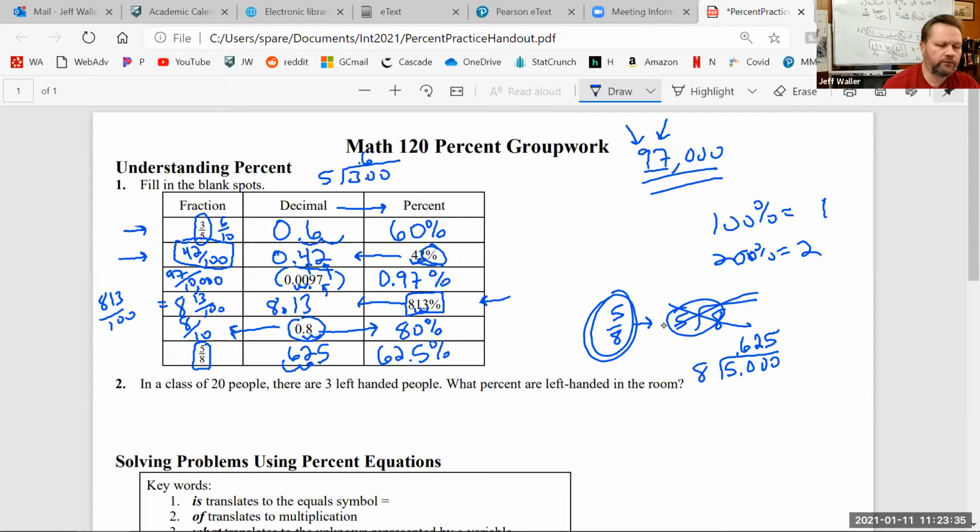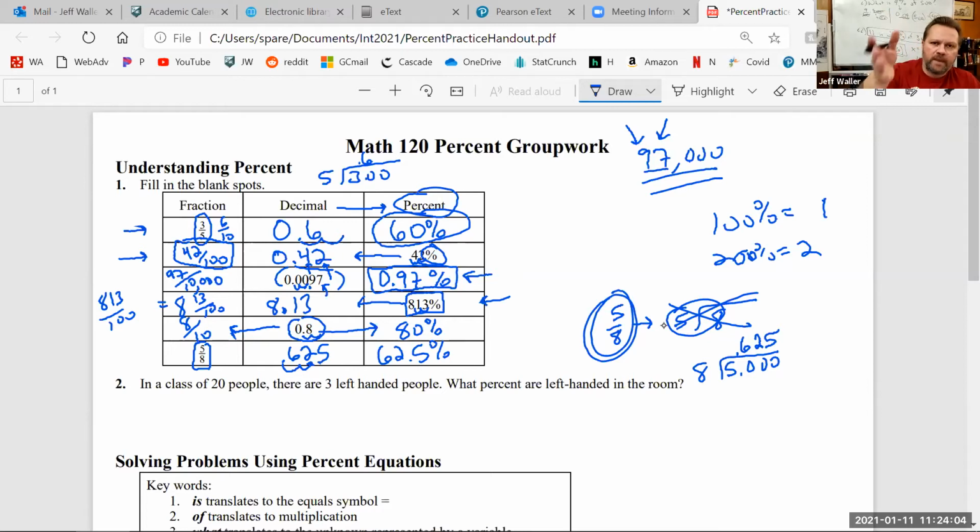So the only real reason we made up the idea of percent is because I'd rather say 0.97% than 0.0097. I can get what this means because it's always based on 100. So if somebody said 1% of the budget is spent on this, I can see that better in my head, right? That's the only reason we made up percentages.